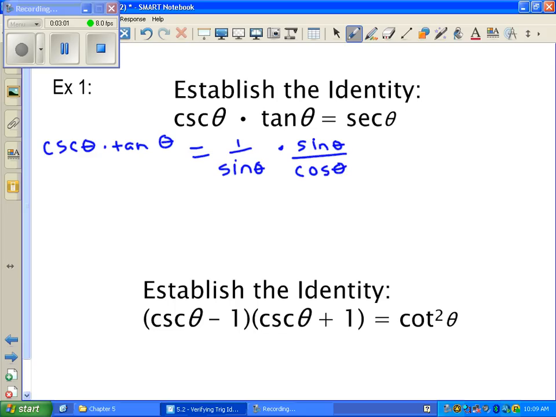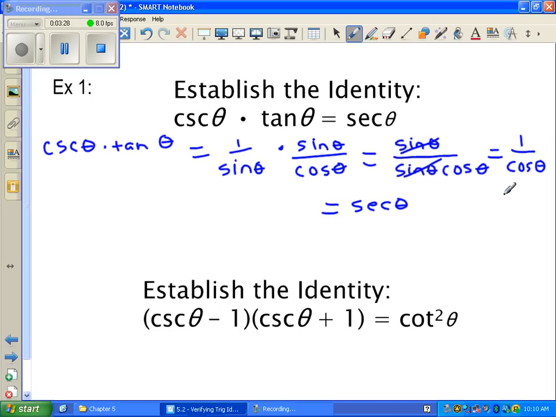This is looking promising to me because now I have sine theta over sine theta cosine theta, and I can cancel my sine thetas and I am left with 1 over cosine. We try to never leave the trig function in the denominator here, so I would rewrite that as secant, always paying attention to that's where I was trying to get to right from the start.